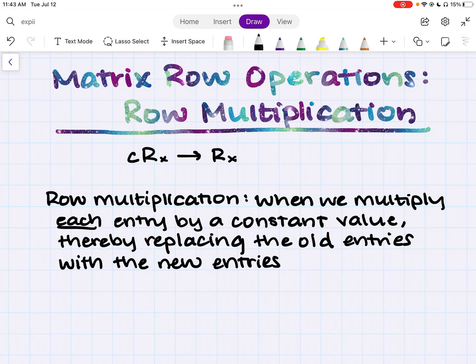So this sounds a little complicated, I'll be honest, but it's pretty straightforward, so we'll walk through an example.